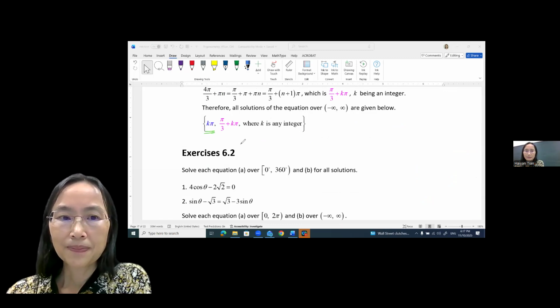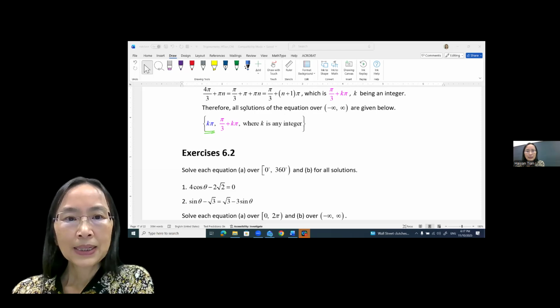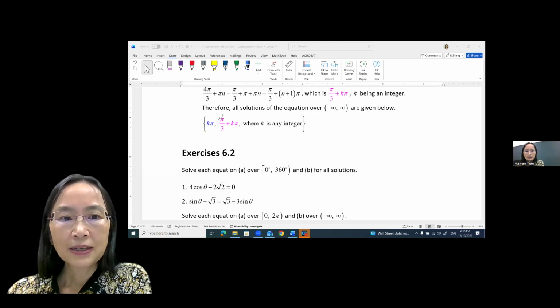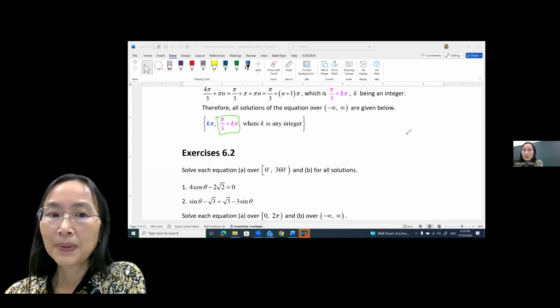k pi. And that is the solution to make this part 0. And then pi over 3.